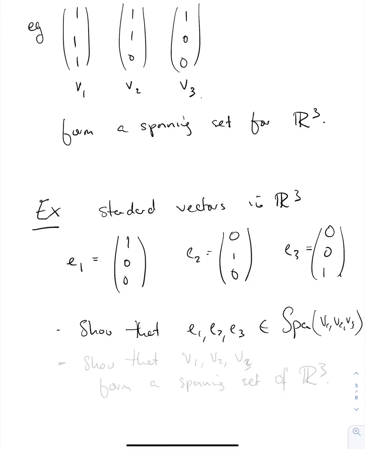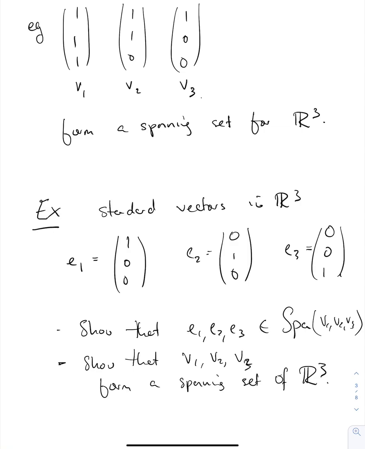What this means is just show that you can express e_1, for example, as a linear combination of v_1, v_2, and v_3 with coefficients in the reals. After you've established that, the next thing is easier to show. Show that v_1, v_2, and v_3 indeed form a spanning set for R^3.